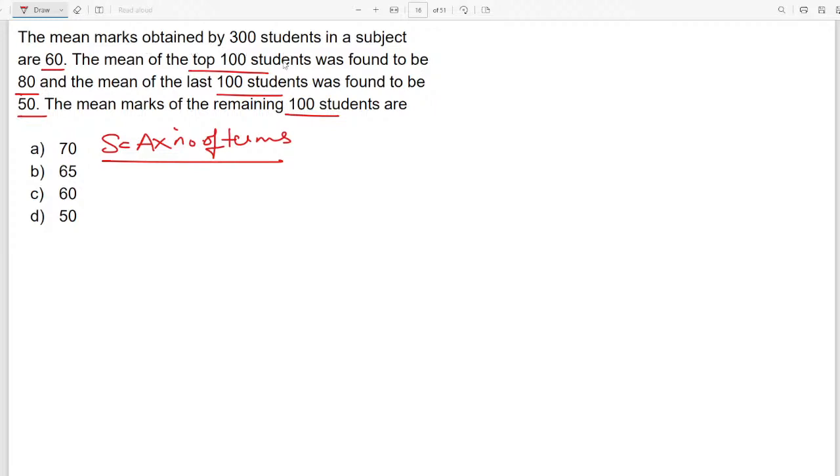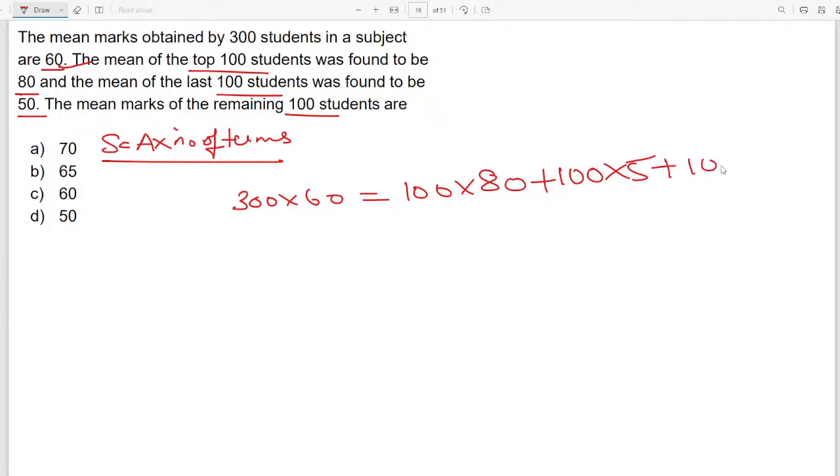The mean of 300 students is 60, so 300 into 60 is equal to the top 100 with mean 80, plus the last 100 with mean 50, plus 100 into m, where we need to find the mean marks of the remaining 100 students, represented as m.